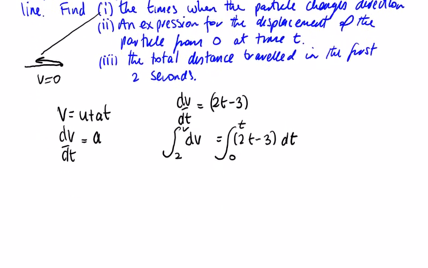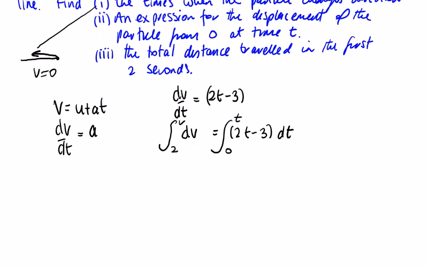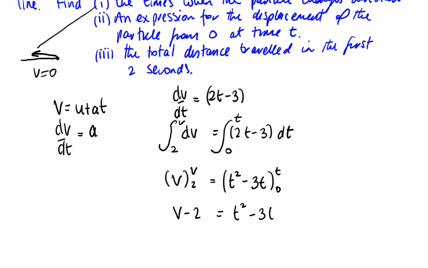The particle has a velocity of 2 when t is 0. So if we integrate these, we get v between v and 2 is equal to 2t squared over 2, so just t squared, minus 3t, between t and 0. So v minus 2 is equal to t squared minus 3t.